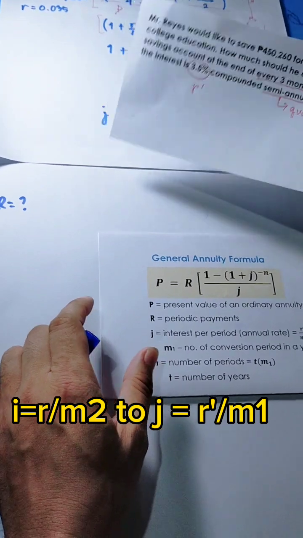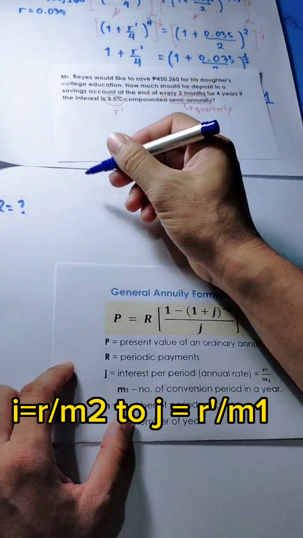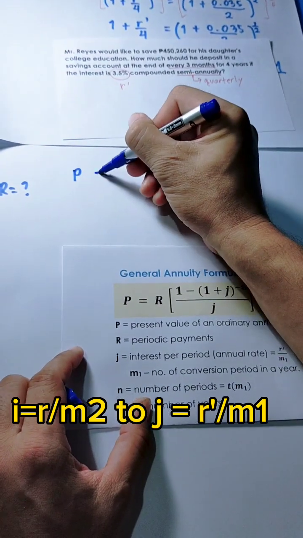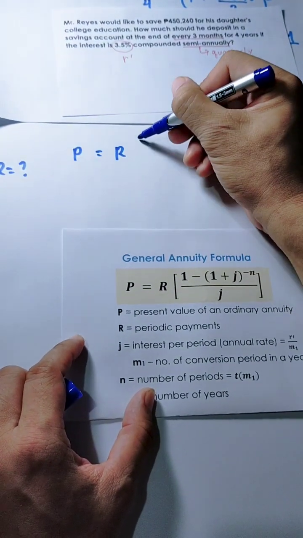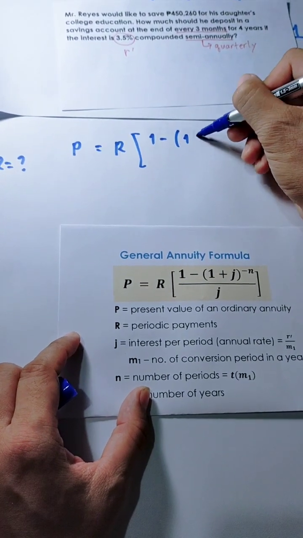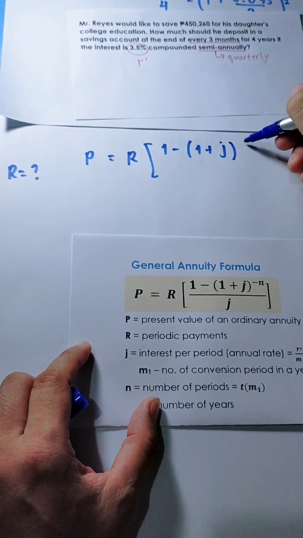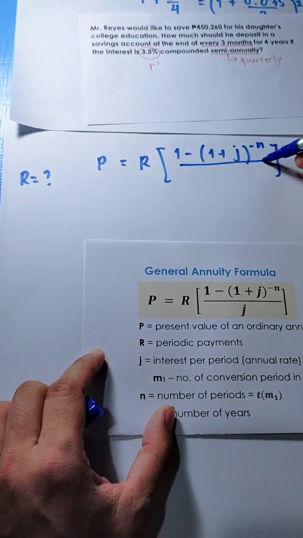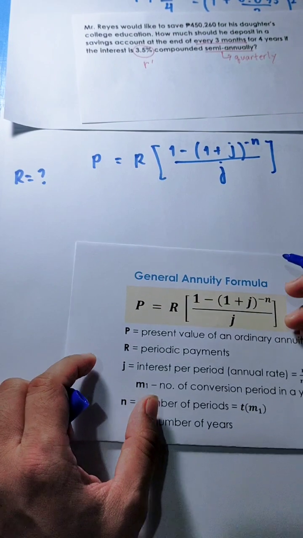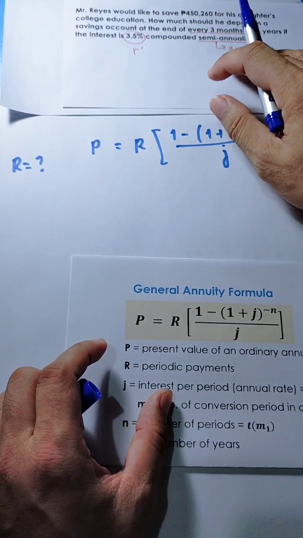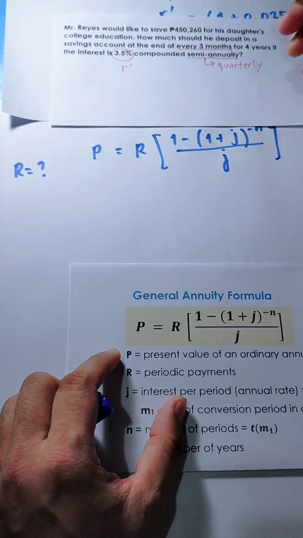Let's go to this formula now. We have P equals R times (1 minus (1 plus J) to the negative N) over J. And let's plug in the values of our given.